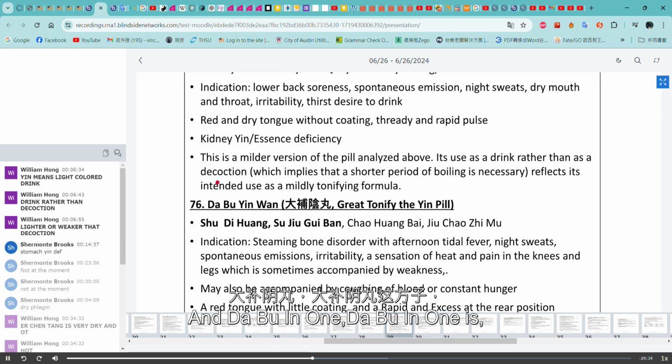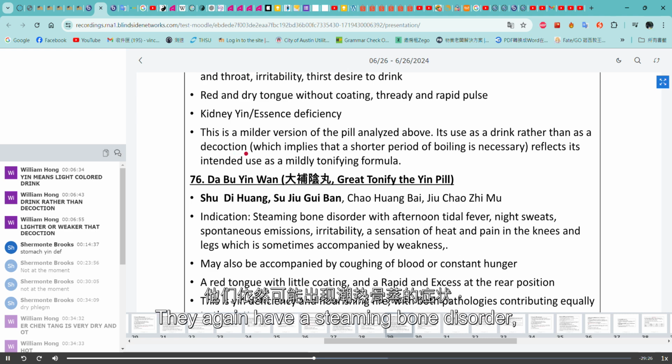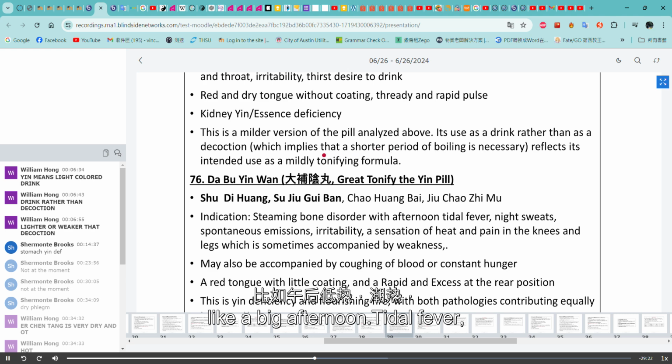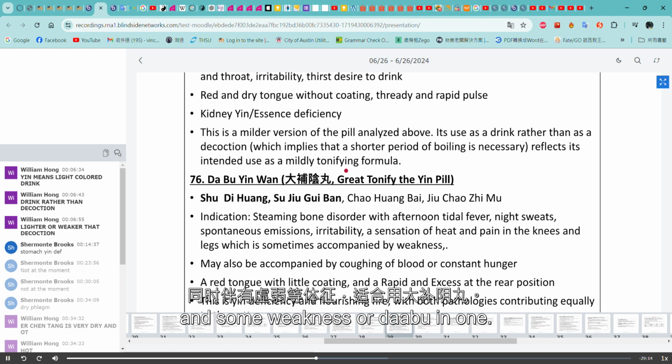And Da Bu Yin Wan. Da Bu Yin Wan is, again, what they say is half and half, half deficiency, half excess. So they again have steaming bone disorder, like afternoon tidal fever, night sweat, spontaneous emission. So they emit sperm and night sweat like that, and some weakness.